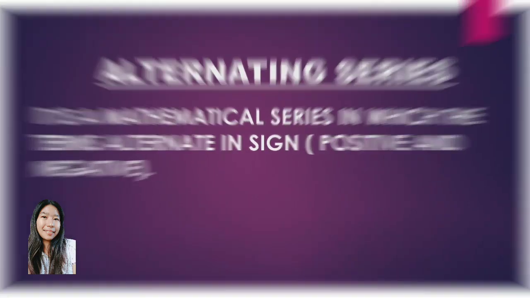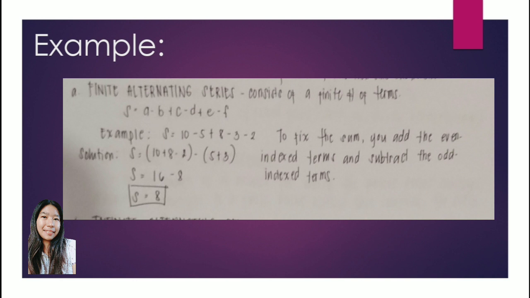Now let's proceed to our alternating series that consists of an infinite number of terms. So our S is equal to a minus b plus c minus d plus e minus f. For our example, S is equal to 10 minus 5 plus 8 minus 3 plus 2. To find the sum, you need to add the even index terms and subtract the odd index terms.